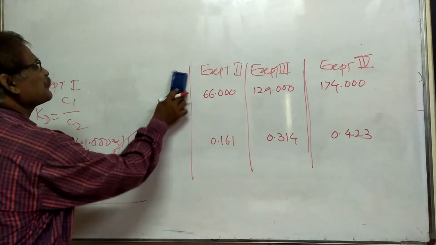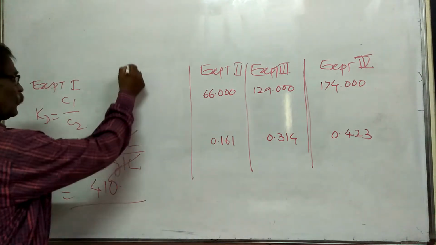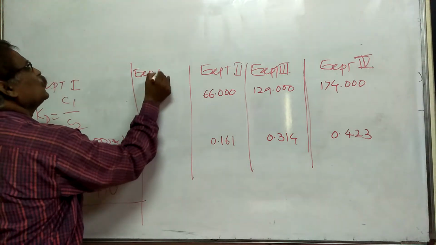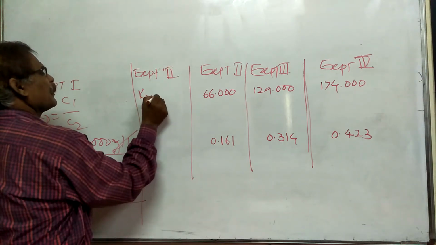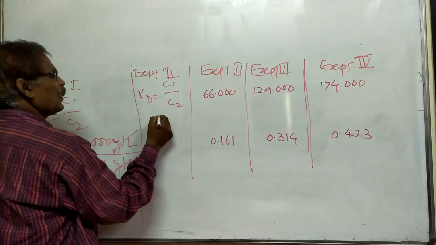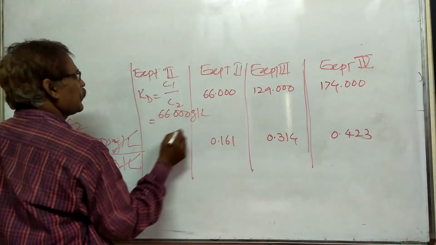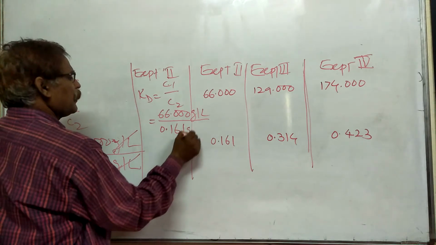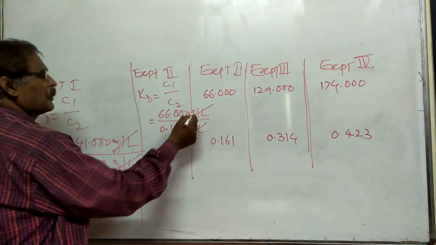Let us see the partition coefficient in case of experiment number 2. Kd is equal to C1 upon C2. Here C1 is equal to 66.00 grams per liter, and the concentration of iodine in water is 0.161 grams per liter.